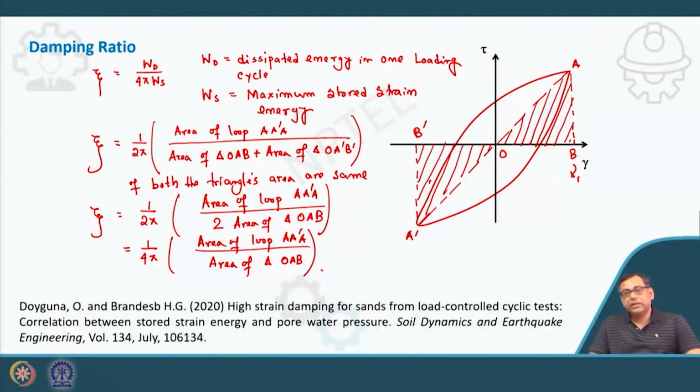Okay, and then in the next class I will discuss in detail the equivalent linear approach, how I will get the shear modulus value for different strain levels. And then in my future lectures I will discuss the non-linear model also.